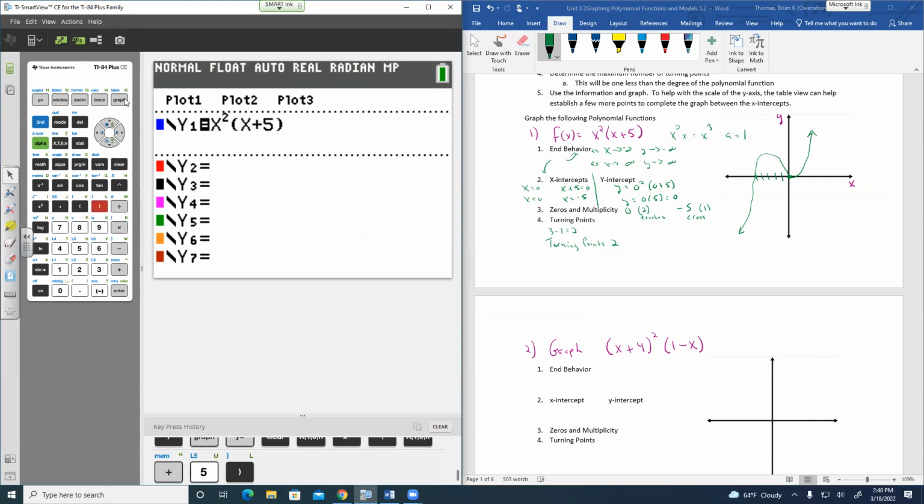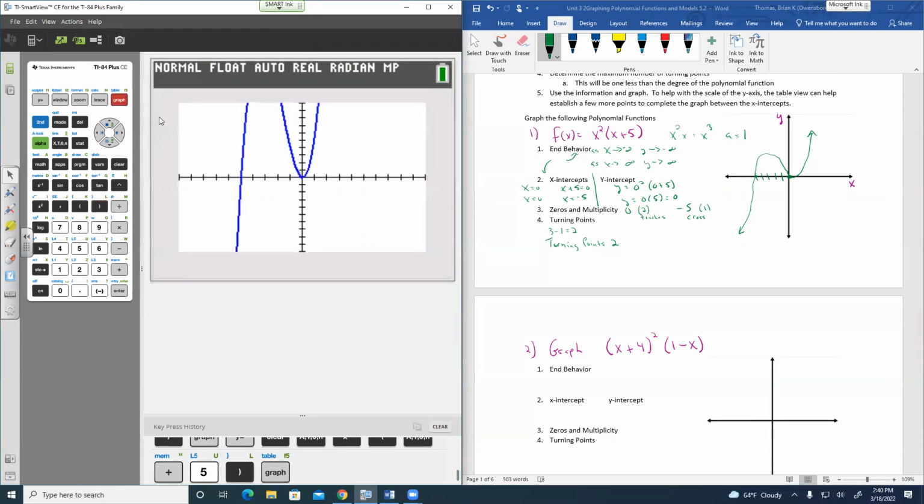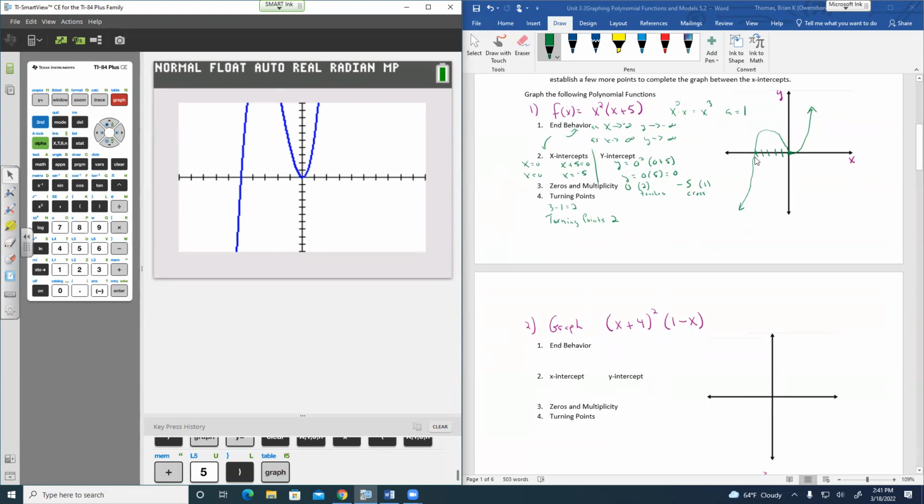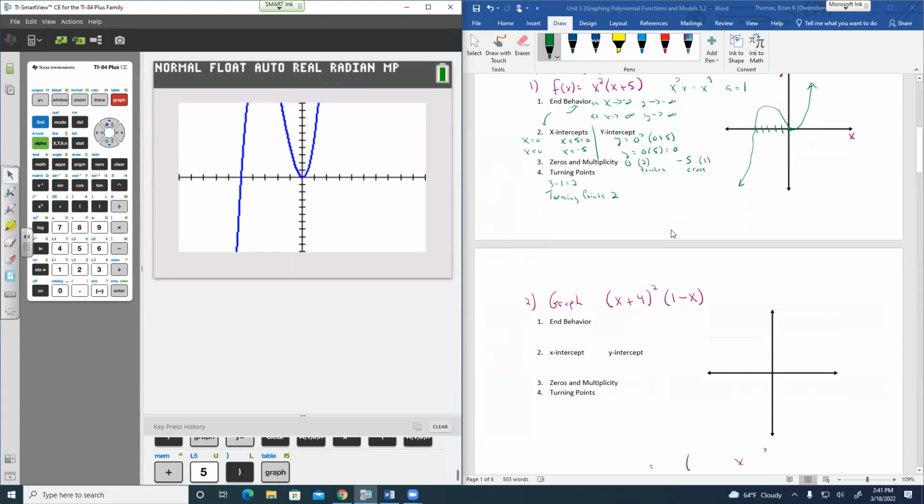If I hit graph, notice that my graph does go up quite a bit. But right now that's going to probably be enough information to get a good idea of what the graph looks like. And notice that it does have 1, 2 turning points as well. So it kind of matches the graph there.